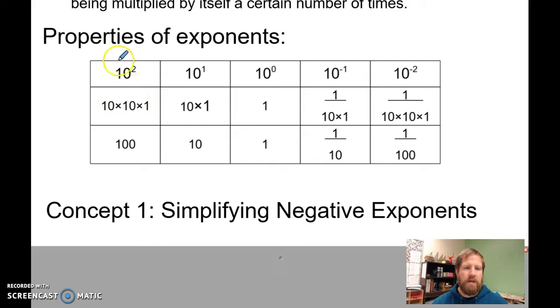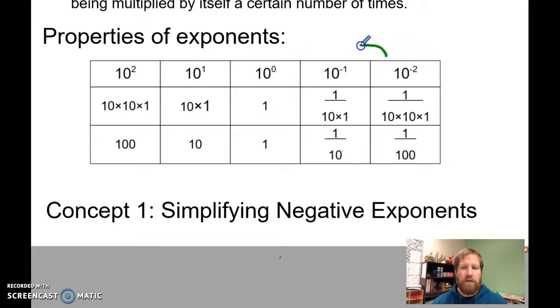So 10 to the second is 10 times 10 times 1. We often will drop the 1 because it's just going to have the same result as doing 10 times 10. But when we go into the negatives, it becomes important, and it's easier to see if we have that 1.